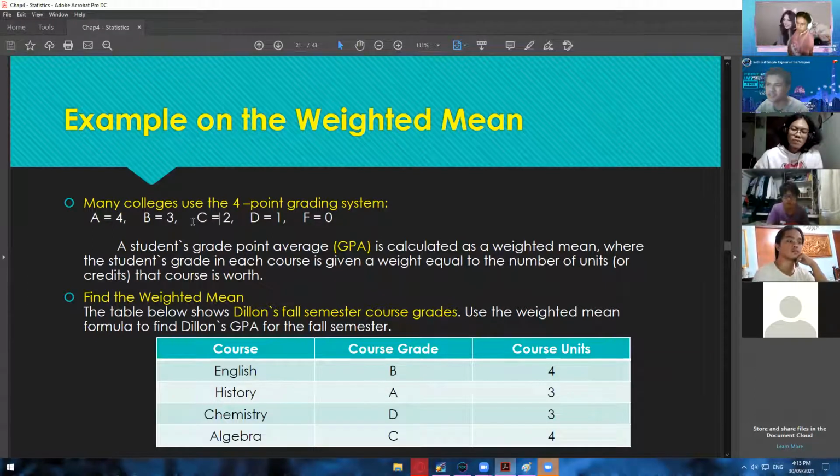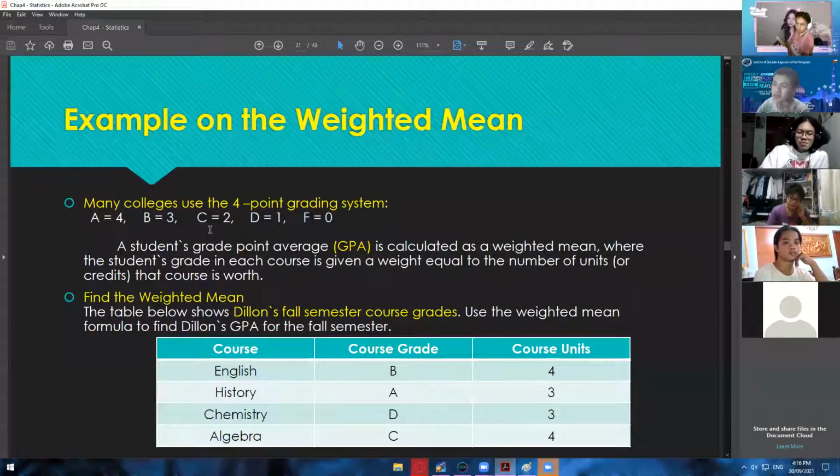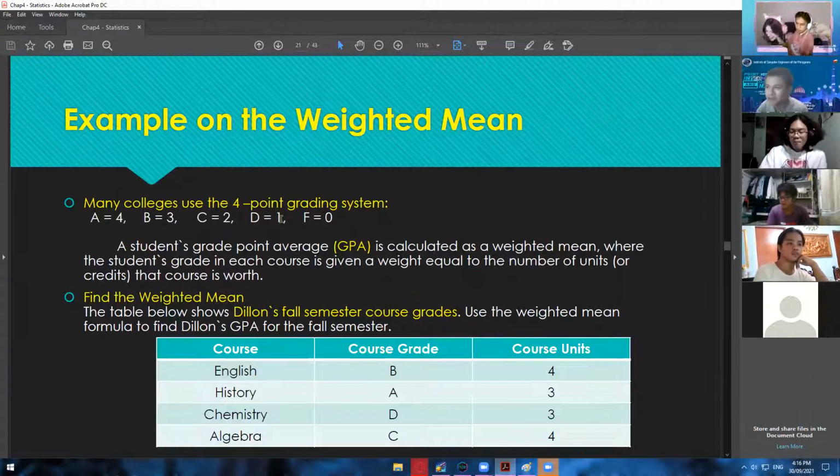Uno is maybe the passing grade, so as long as you get uno, then it's all right. And then cuatro, I don't know, it seems like the opposite, since uno in other schools is 95 or the high grade, right? But in here, uno is maybe 75, and then dos is maybe 80, and so on and so forth. And if you have a grade of 8, then that is maybe 95.